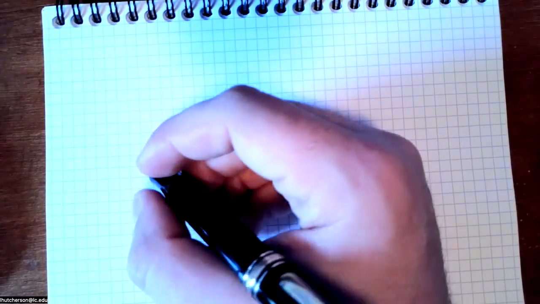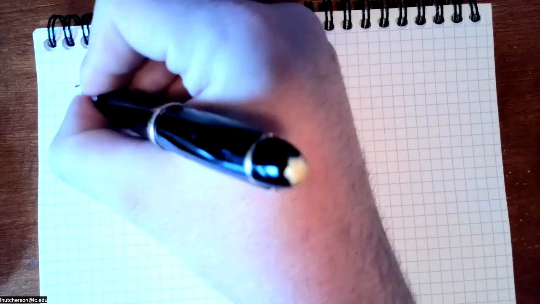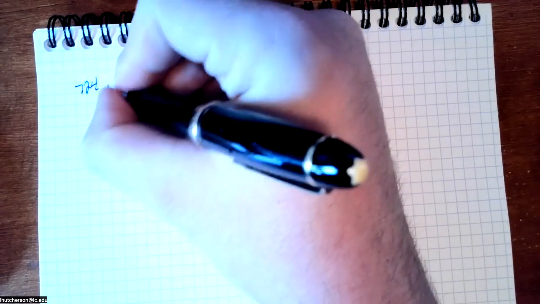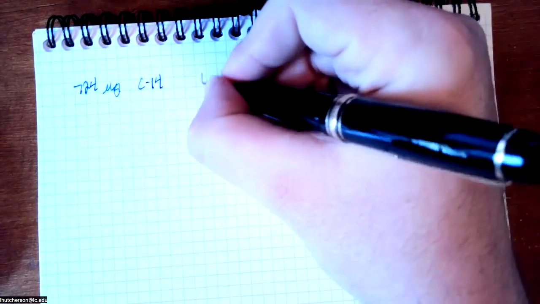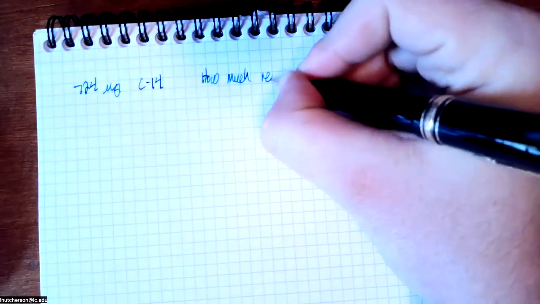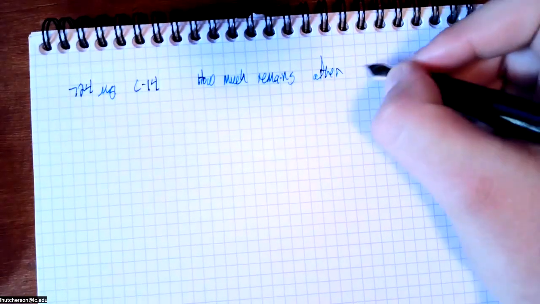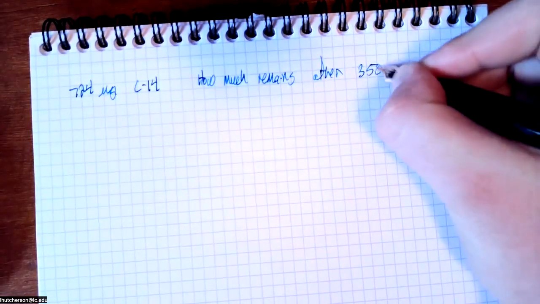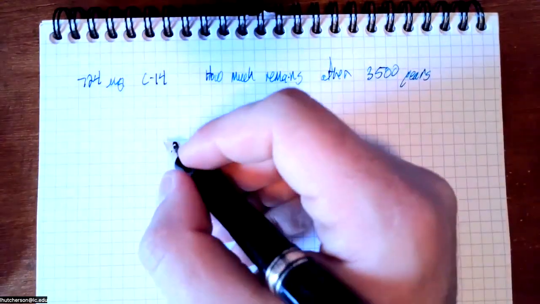Let's say that I have 724 micrograms of carbon-14. I want to know how much remains after 3,500 years. Right.